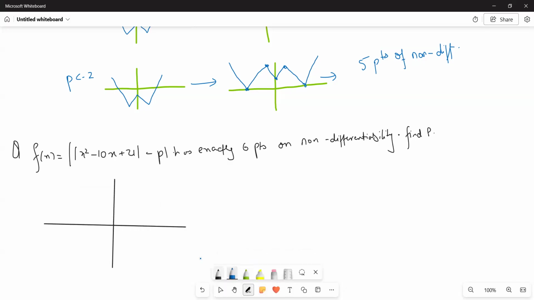So we'll have the graph of it, something like this, an upward opening parabola with roots 3 and 7. And what is the minimum value of this function?